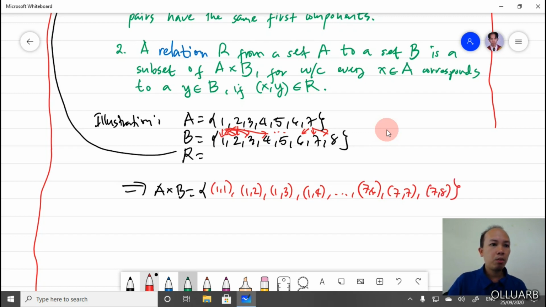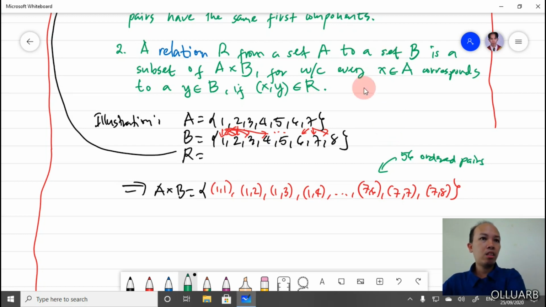And as you have noticed, there are how many elements? 7 times 8, we have 56 ordered pairs, all in all in this set.